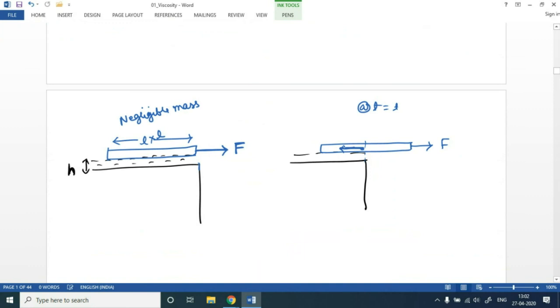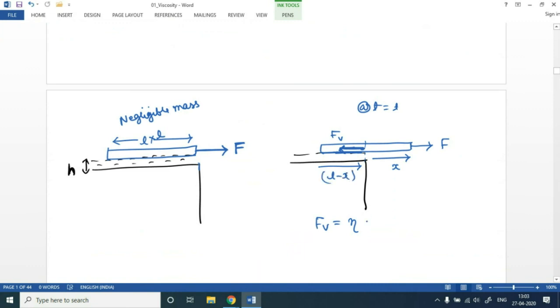So this metal sheet will be experiencing a drag force due to this liquid, whose magnitude, F viscous, would be simply given as eta times area. Now this part of the area, let's say at any instant this is x, so this will become L minus x.